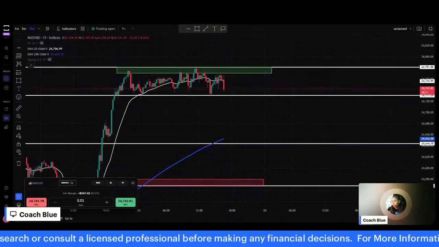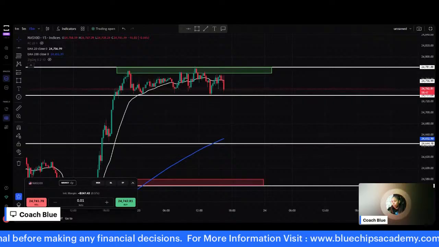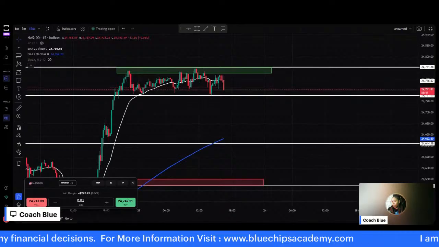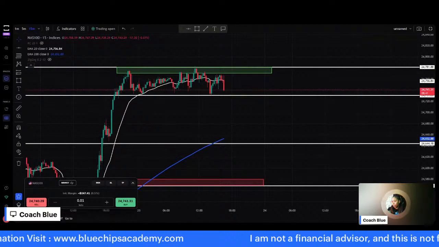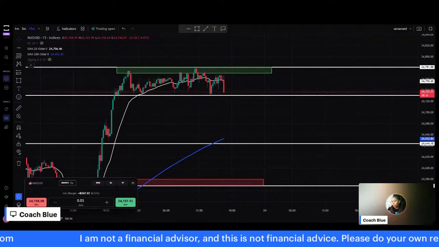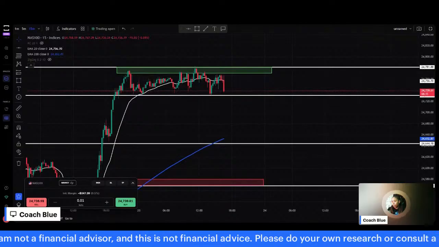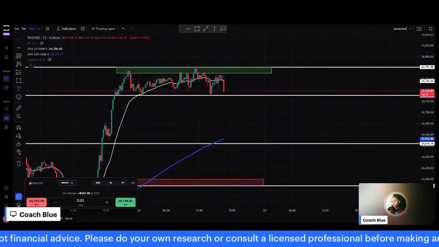If you're moving when everybody else is moving, you'll miss your move or you'll make the wrong one. Okay? So it's looking like we're most likely going to wait until after the news to enter the trades.